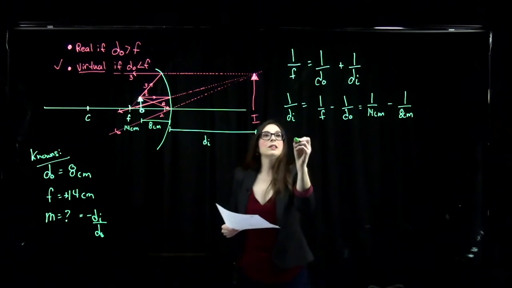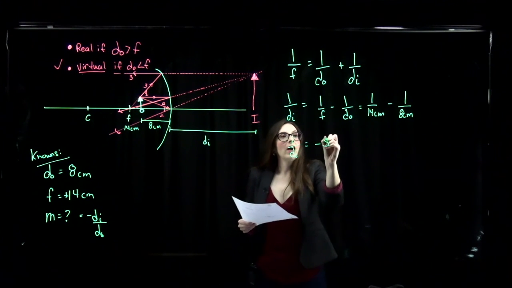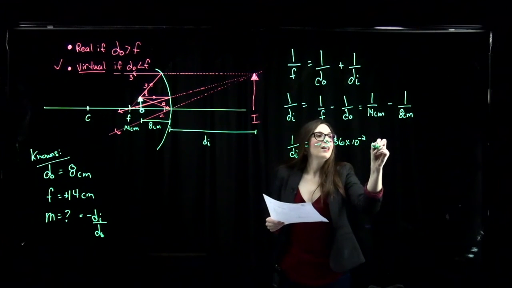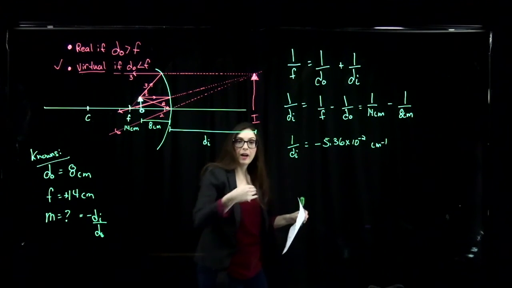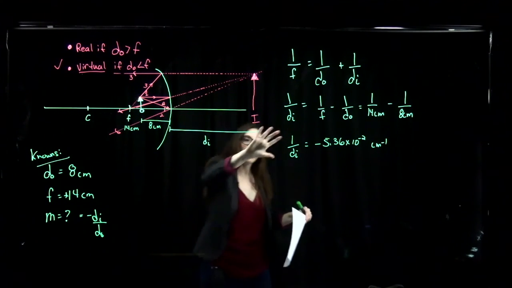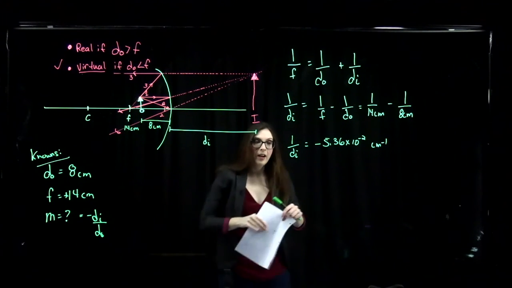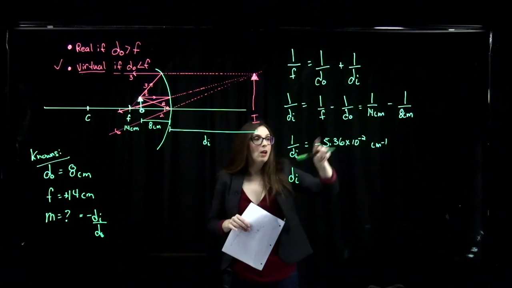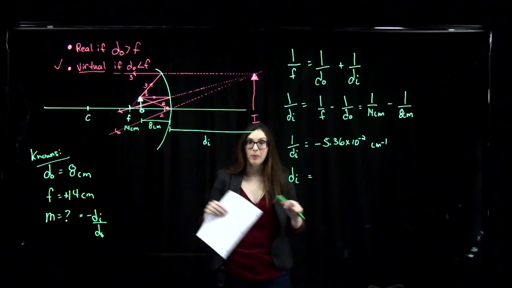Okay, so then this gives us 1 over di equals minus 5.36 times 10 to the minus 2 inverse centimeters. So remember, we've got 1 over di. We want to get di, the distance our image is away from the mirror. So we have to take the inverse of both sides. If we take 1 over this number, then that will tell us the distance that our image is away from the mirror.